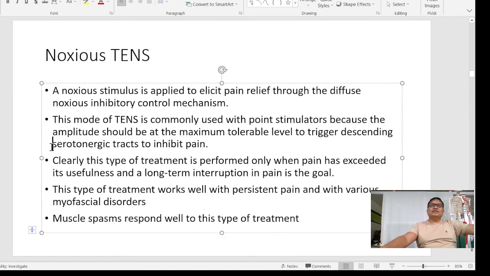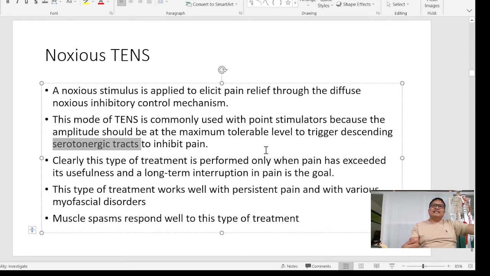So it utilizes these tracts, which respond to serotonin, to block the release of serotonin that produces the pain sensation.